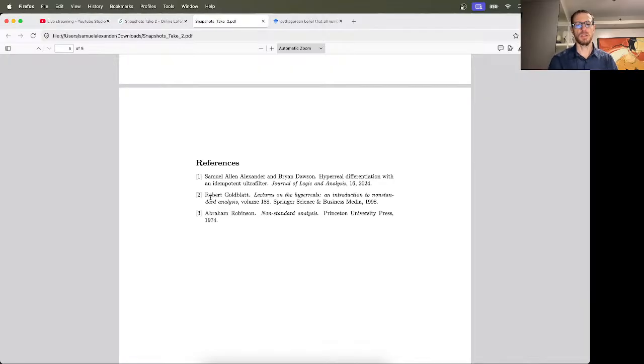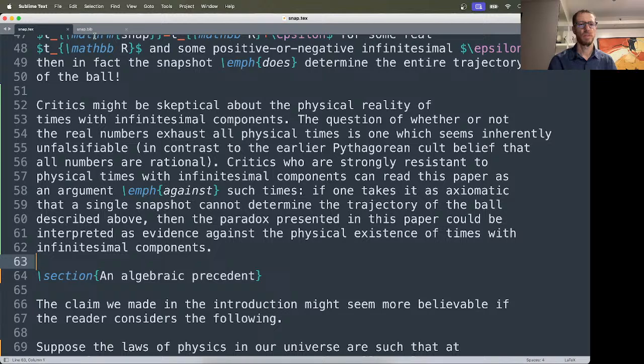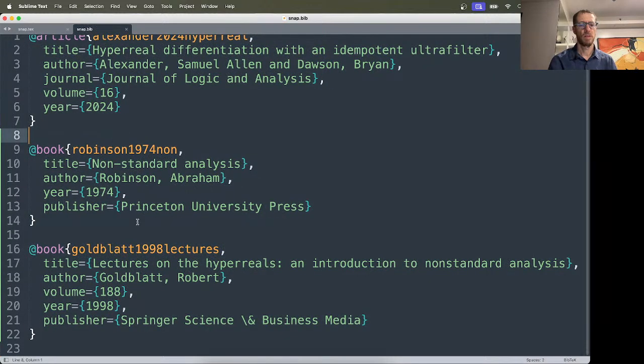The Google Scholar bibliography item for Goldblatt is kind of messed up with this volume 188 business. Let's delete that volume line there.